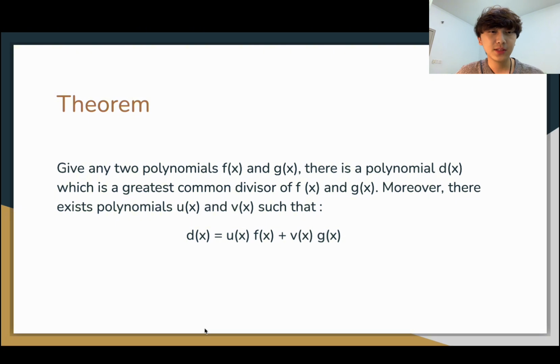So now here is a theorem that we need to know. Given any two polynomials f(x) and g(x), there is a polynomial d(x) which is the greatest common divisor of f(x) and g(x). Moreover, there exist polynomials u(x) and v(x) such that d(x) equals u(x)f(x) plus v(x)g(x).